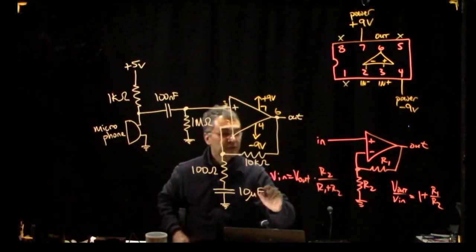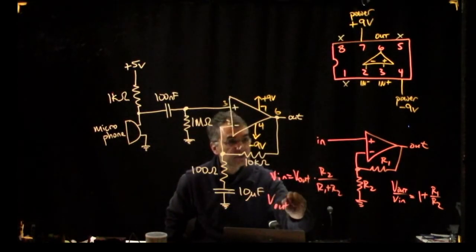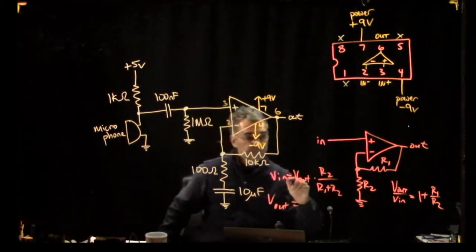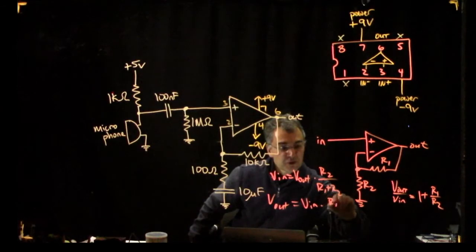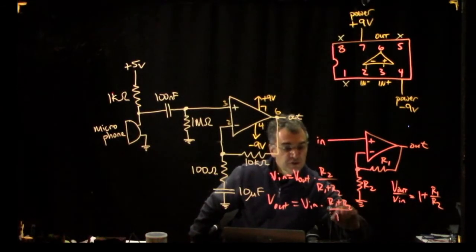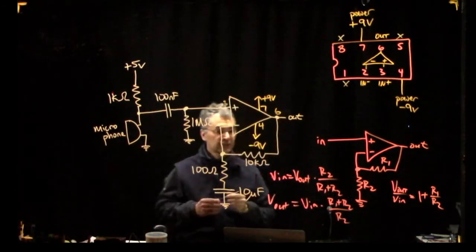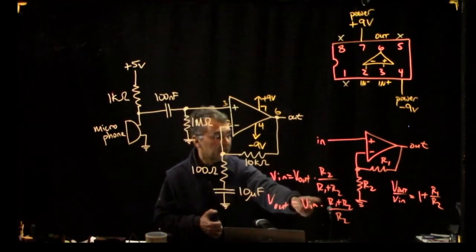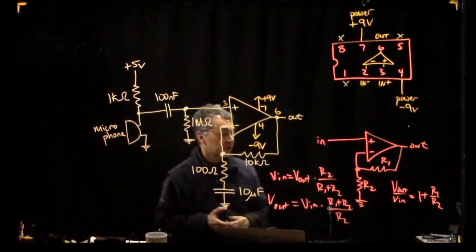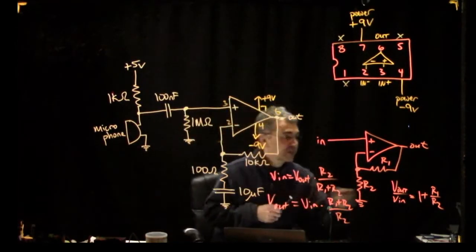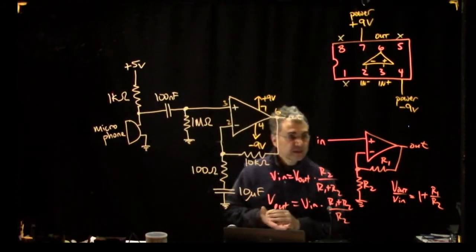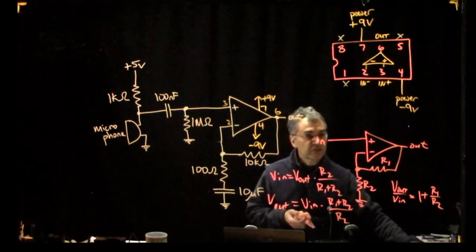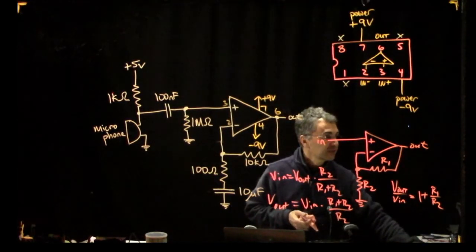Now you solve for V out, and you get V out equals V in times R1 plus R2 over R2, which is the same thing as V out equals V in times 1 plus R1 over R2. So that's the same as this result. I couldn't resist, but that's the basic version of this circuit.